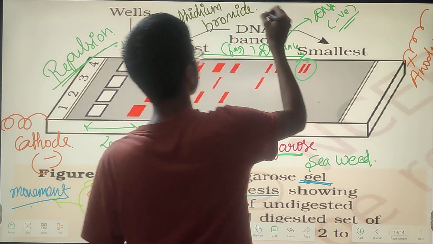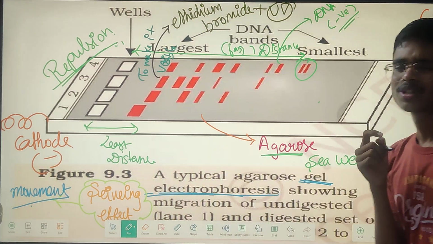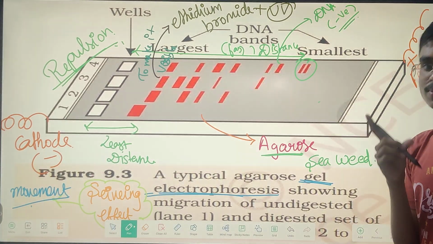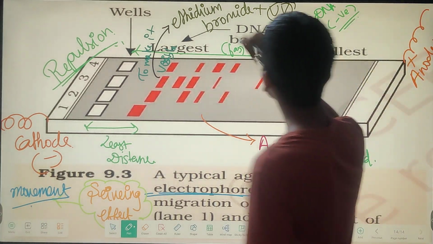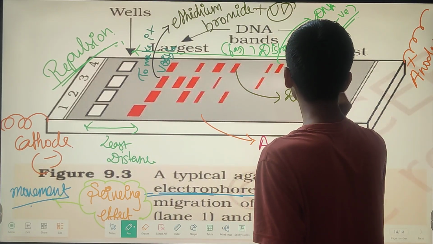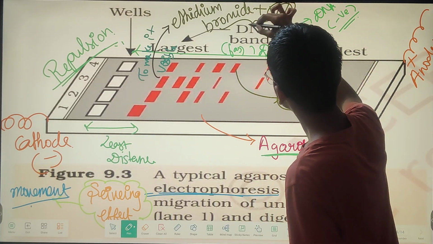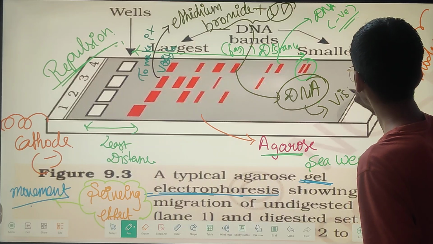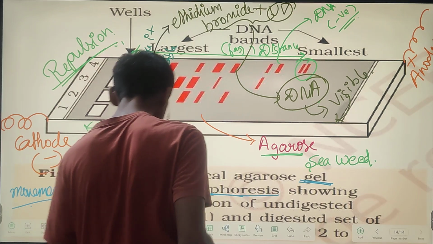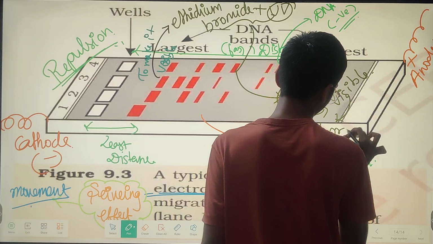After this we will also add UV rays, which we will be studying in physics, in electromagnetic waves. When you add these two, the DNA will automatically become visible in bright orange color.